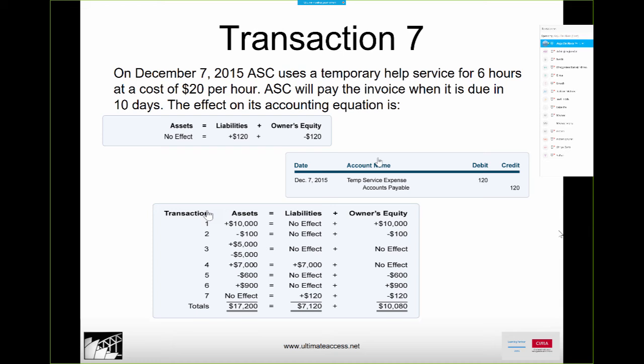So please remember that. Anything that's touching the P&L will impact the owner's equity, because this shows that the owner is going to get less profit from the profit and loss account. Is that clear, guys?